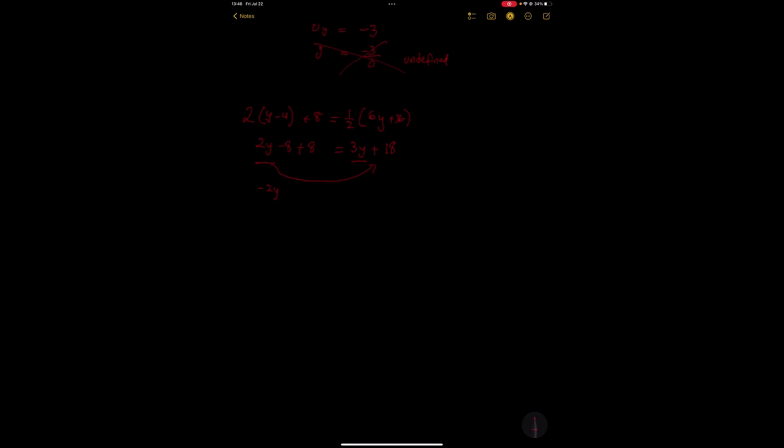Okay, so I get negative 8 plus 8 equals 3y minus 2y plus 18. And of course, we know that negative 8 plus 8 is equal to 0. And so I'm going to move the 18 to the other side, because we want to keep the variables together and the constants together.